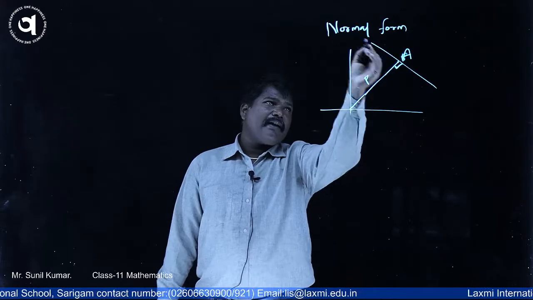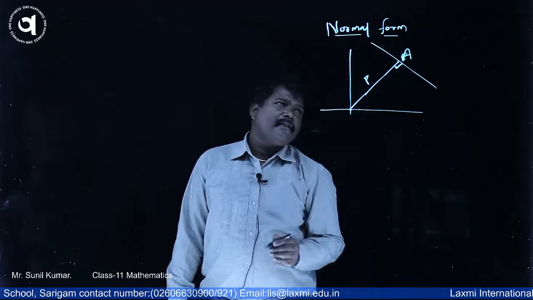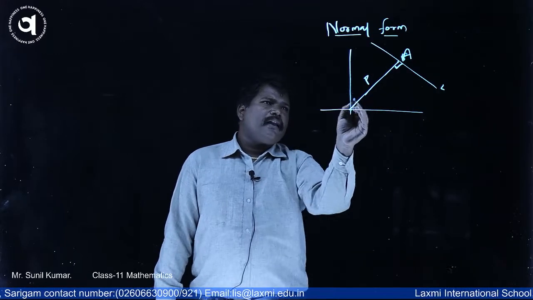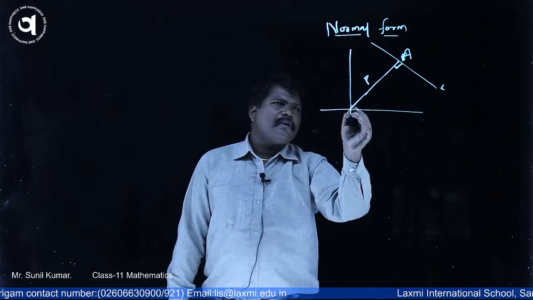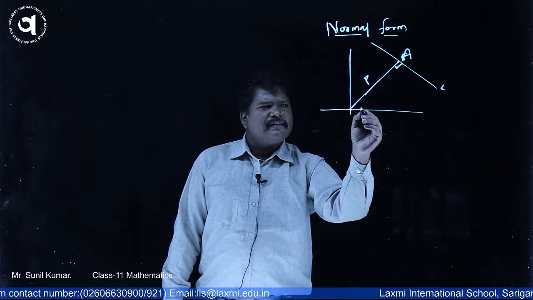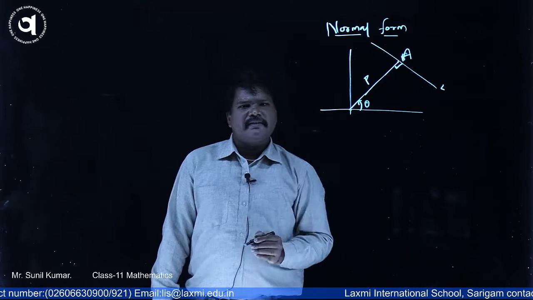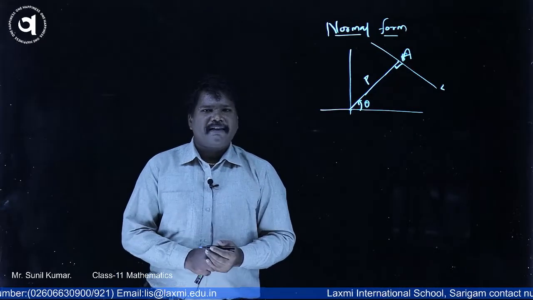I am finding the normal form of a line, which means the line here is normal to the line which is perpendicular from the origin. Let me take this perpendicular line making some angle theta with the positive direction of the x axis.